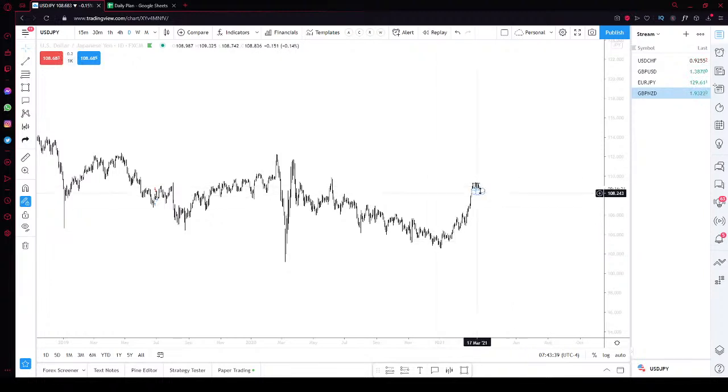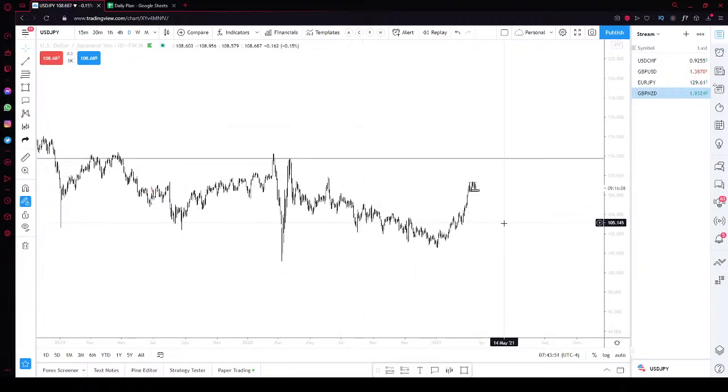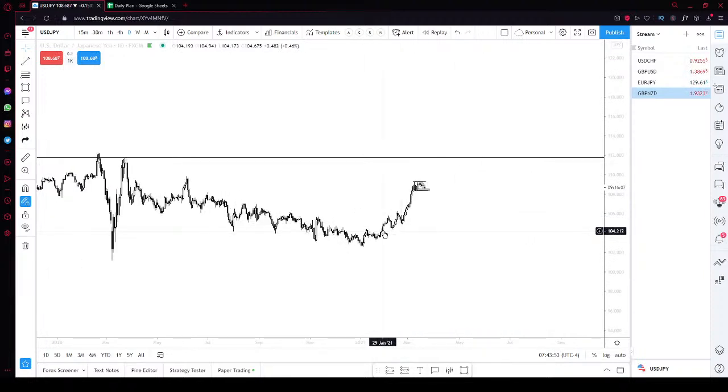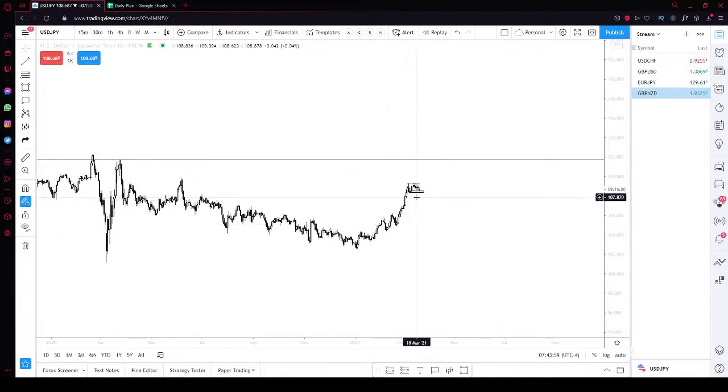But ultimately here on dollar yen, I am looking for price to reach this target, and after that actually push through that and reach this target ultimately. That's what we've been looking for pretty much for this entire year, and UJ has not disappointed at all this year. So yeah, I would say just keep looking for price to continue up.